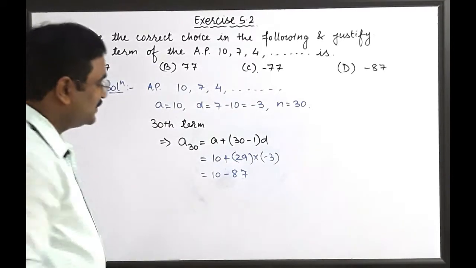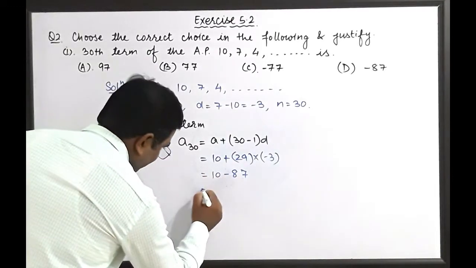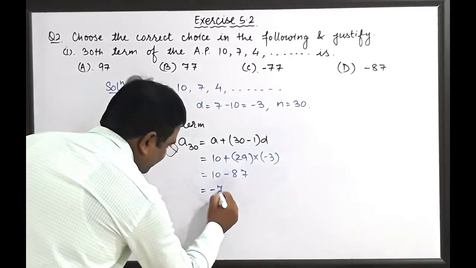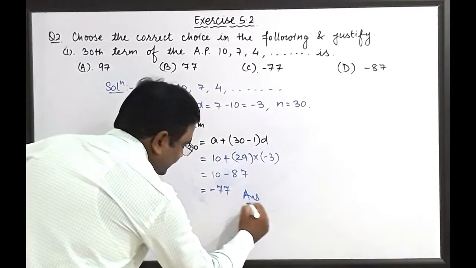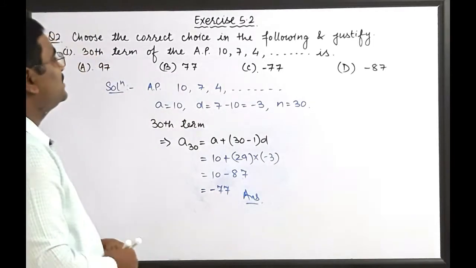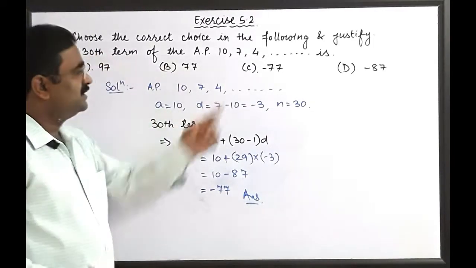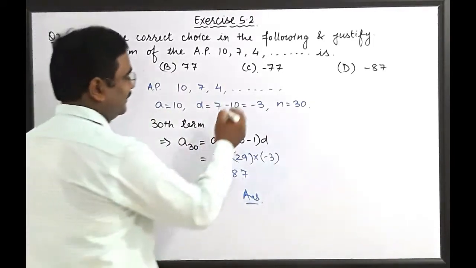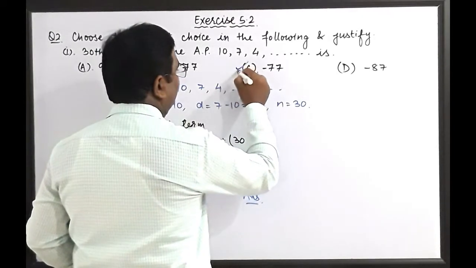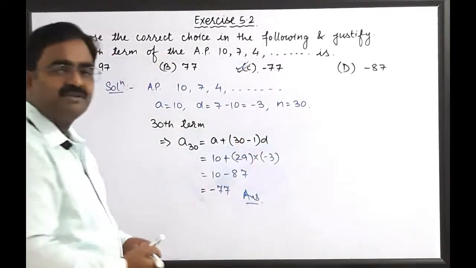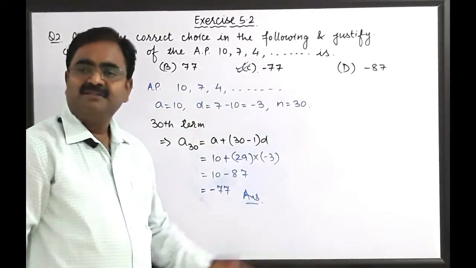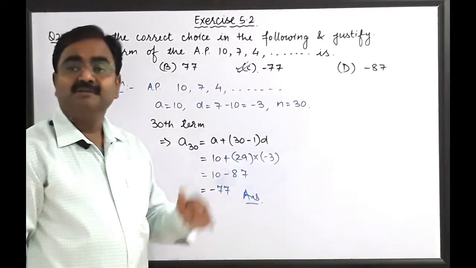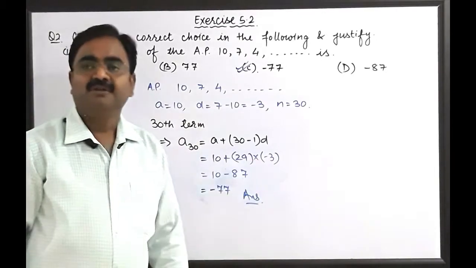So when you subtract 10 minus 87, you will get minus 77, our required answer. It means the 30th term is minus 77. The justification is this, and the answer is minus 77. Similarly, you can solve the second part of this question, right?